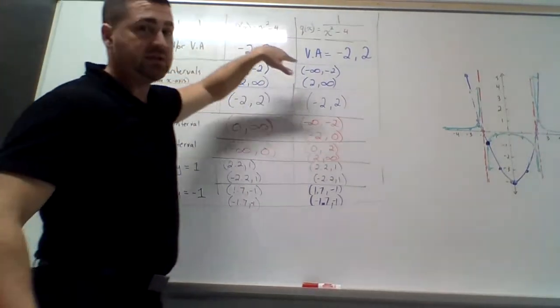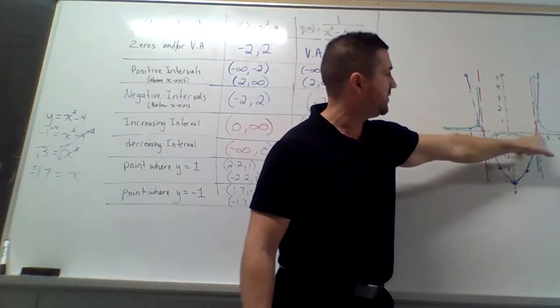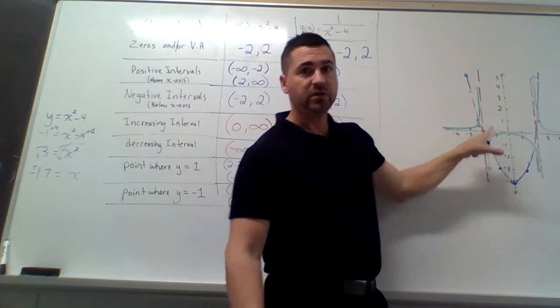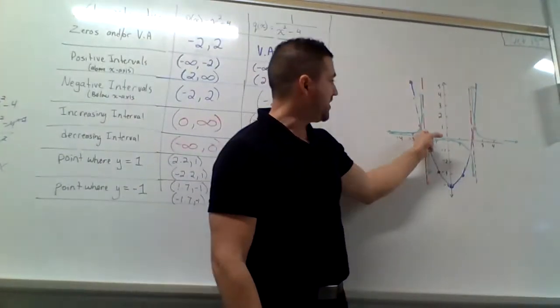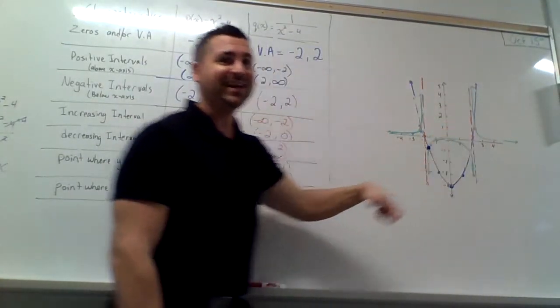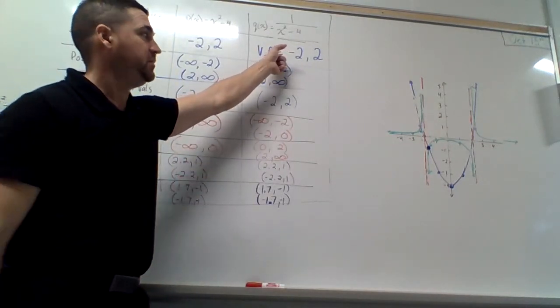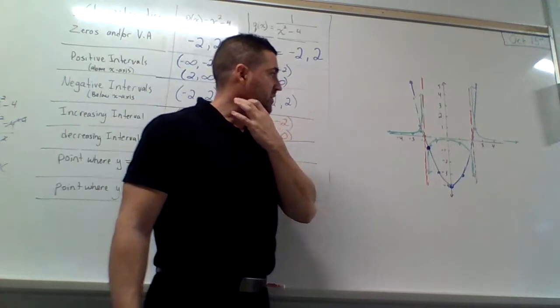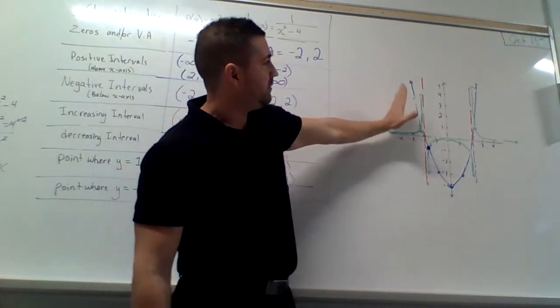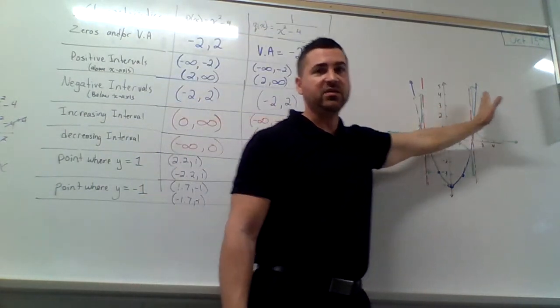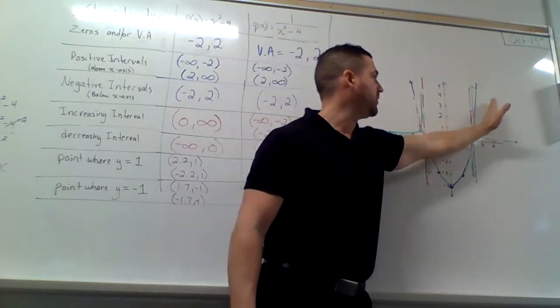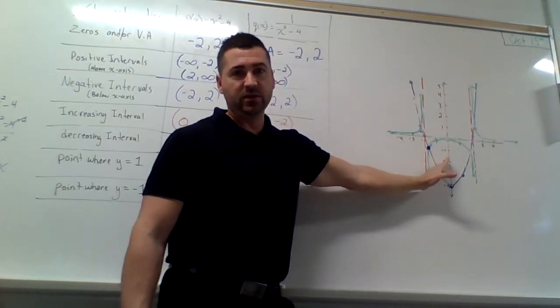You'll notice that the intercepts of the parent function are the vertical asymptotes of the reciprocal function. You'll also notice that they're always positive together, above the x-axis together, and below the x-axis together.